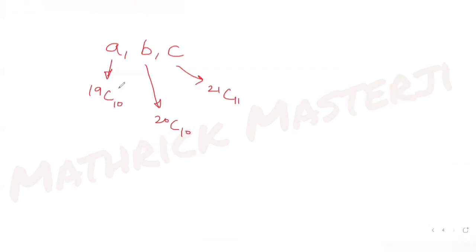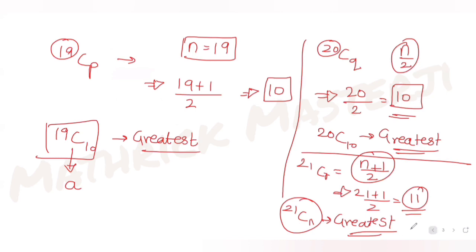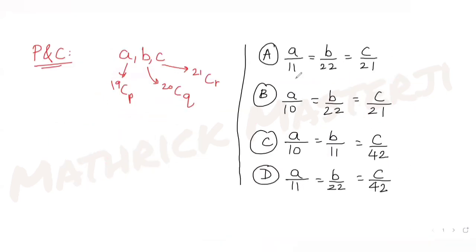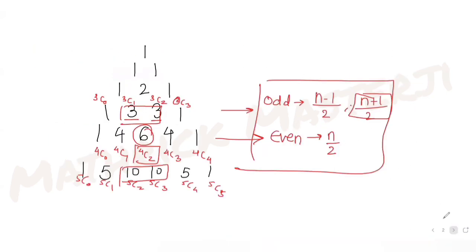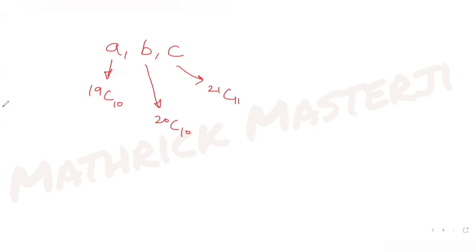Once I have the three greatest values that are A, B, and C, I want to equate them in the ratio, right? So I have to take the ratios of them. A over 19C10. A is nothing but this value only, right? So A over 19C10 is equal to 1.